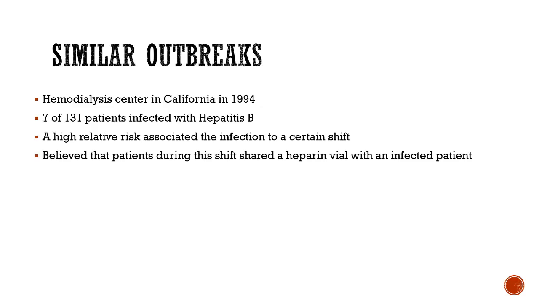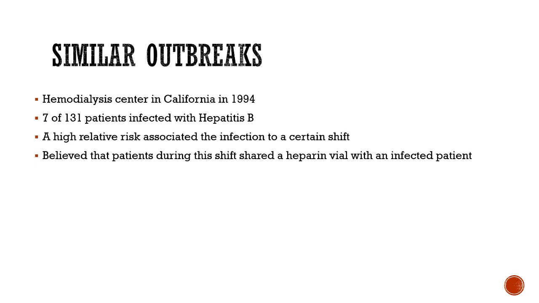Another similar outbreak was reported by the Center for Disease Control in their Morbidity and Mortality Weekly Report. In this report, in 1994, the CDC identified hemodialysis centers that failed to isolate patients with hepatitis B during treatments.